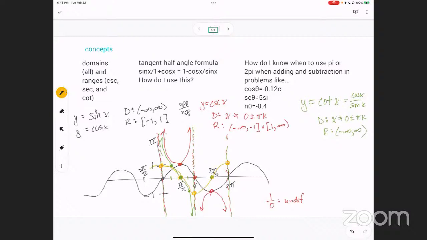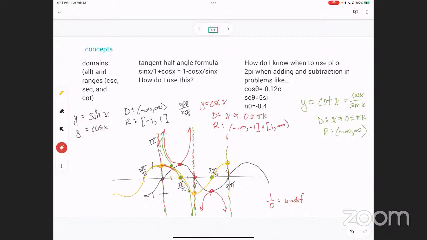And then it keeps going. I didn't do a good job drawing over to the left here. It's going to go down here and like that.